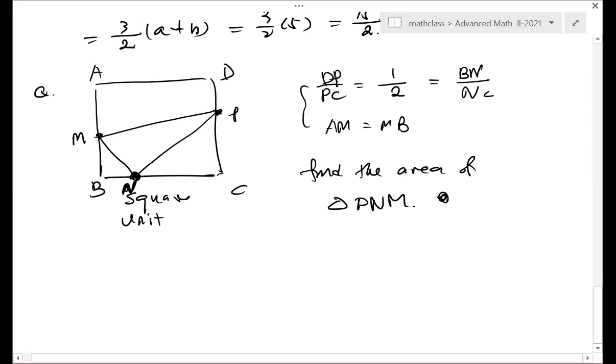We only have two formulas, and either of them can be used here to solve the problem quickly. Okay, anyone has answers?